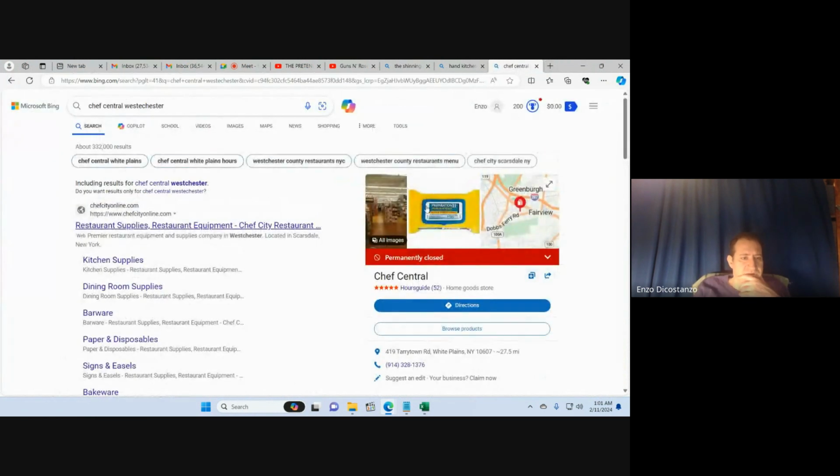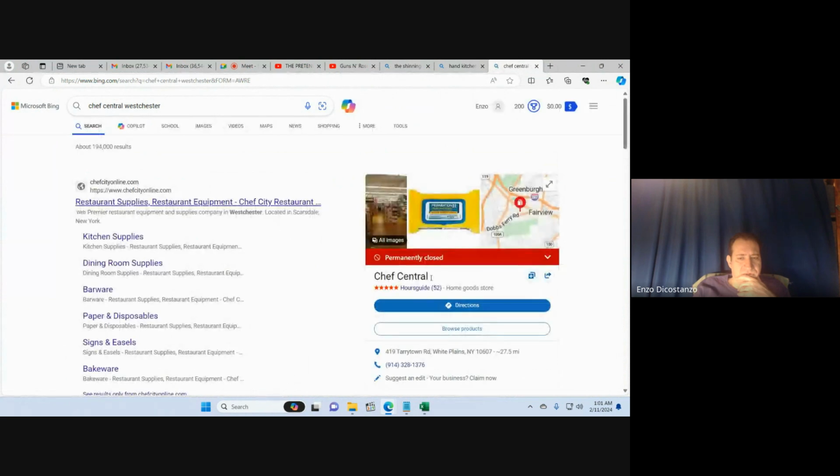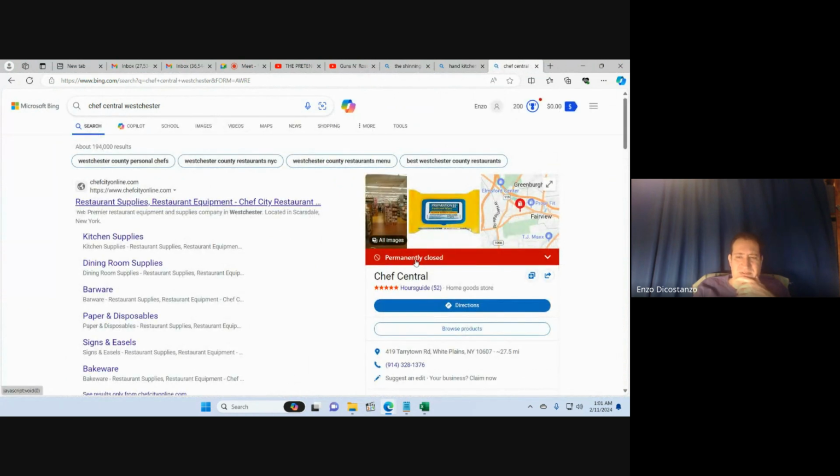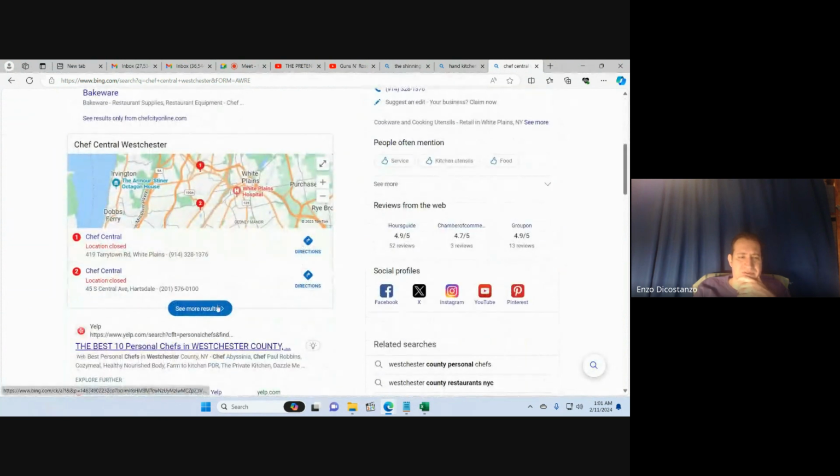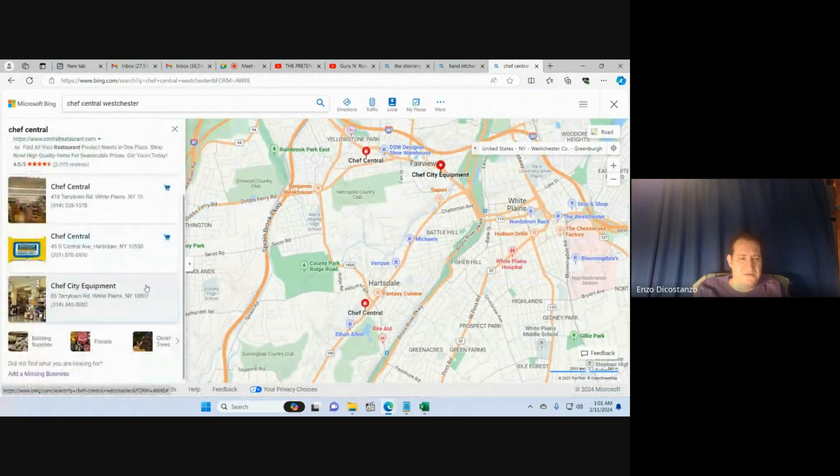Unfortunately, it's permanently closed. I think all three of them are closed. There were two of them, Hartsdale and White Plains.